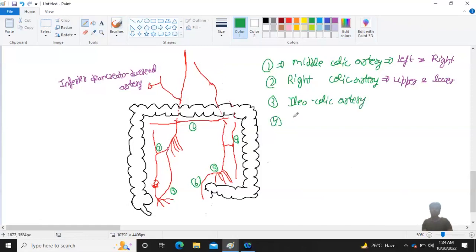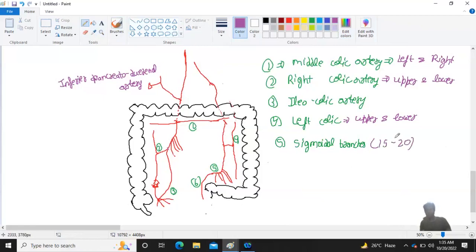Fourth is the left colic. Left colic has a similar upper and lower branch. Fifth is the sigmoidal arteries, which supply the sigmoid colon. Sigmoidal branches, 15 to 20 branches are possible.